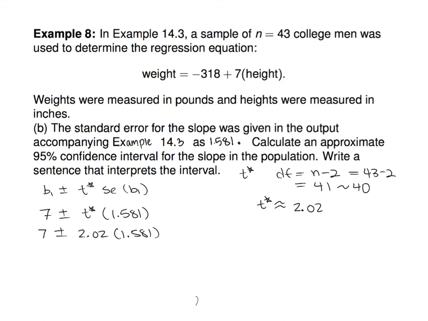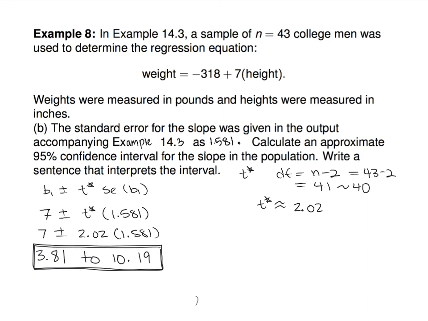Now 7 minus 2.02 times 1.581 is about, let's just do 2 decimal places, I got 3.806, so 3.81 to 10.19. So that's a 95% confidence interval for our slope.